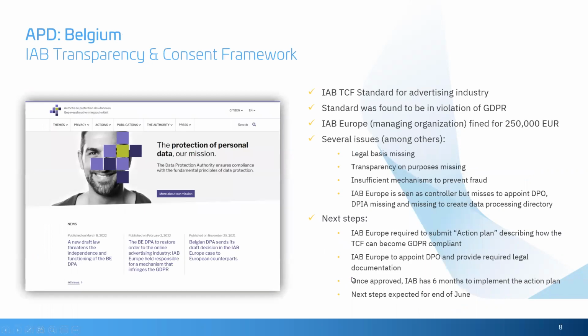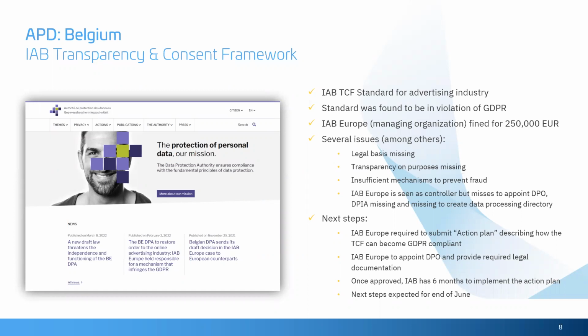Belgium took an interesting case on the IAB Transparency and Consent Framework. That's the standard for the advertising industry. The goal there is basically to signal the consent information to your advertisers on your page, etc. The APD came to the conclusion that the standard is not GDPR compliant, so it's violating GDPR.